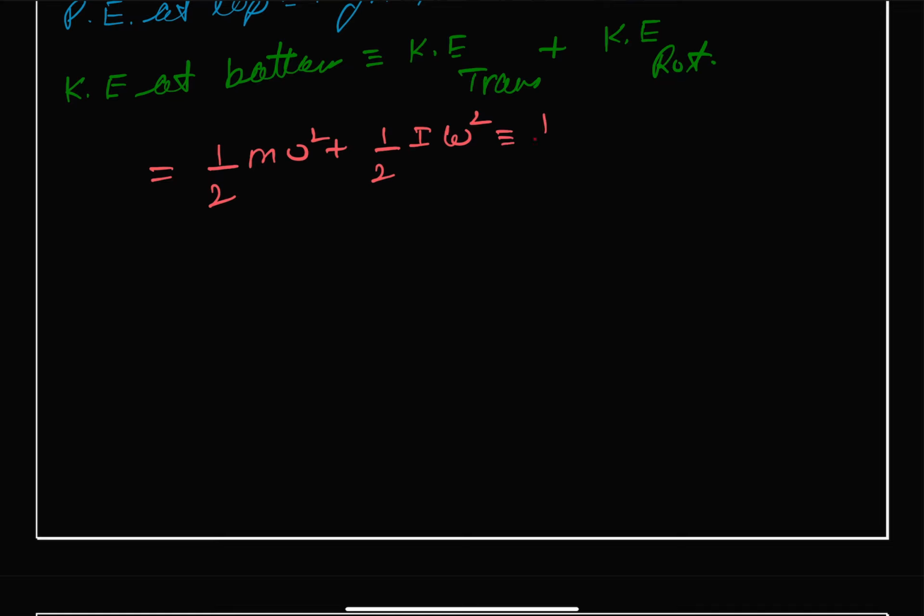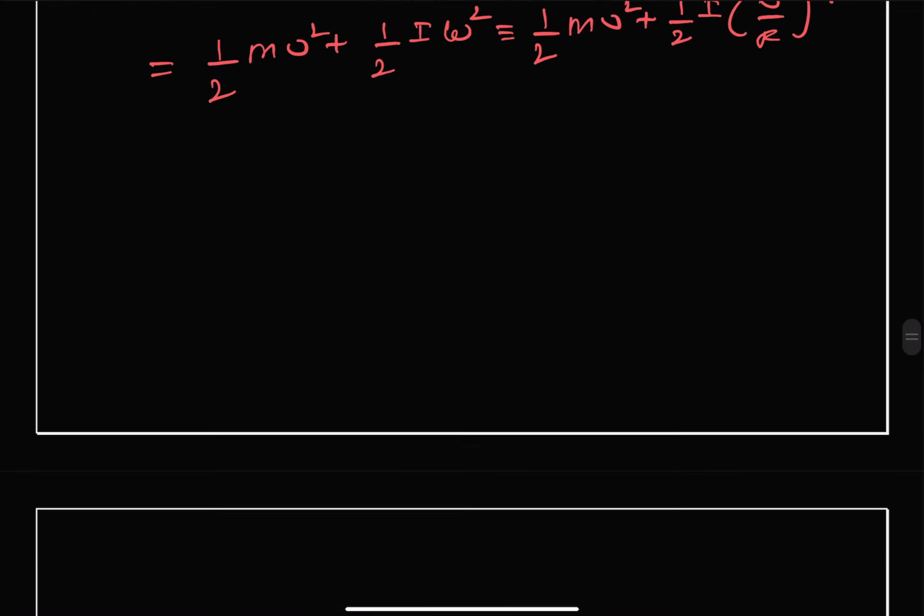So this comes as half m v square plus half I (v upon r) whole square. This gives half v square (m plus I upon r square).